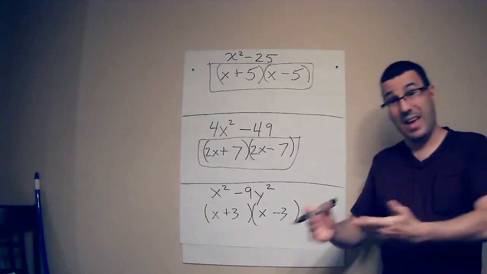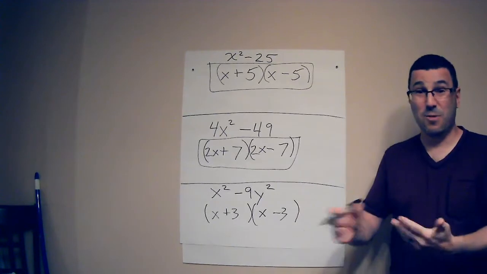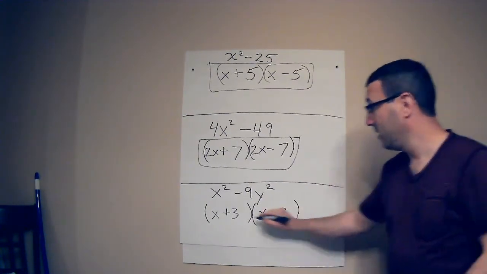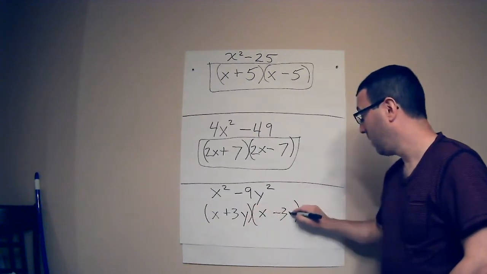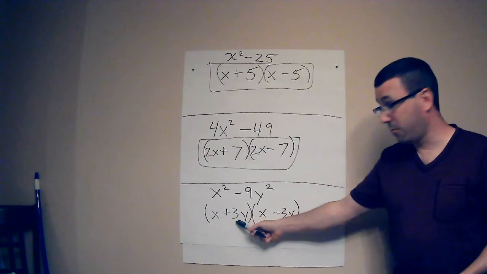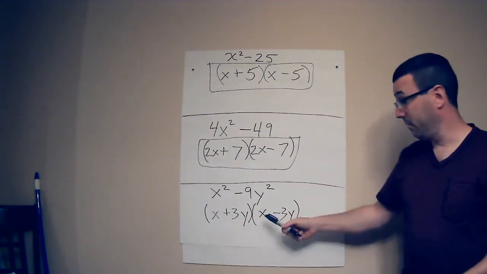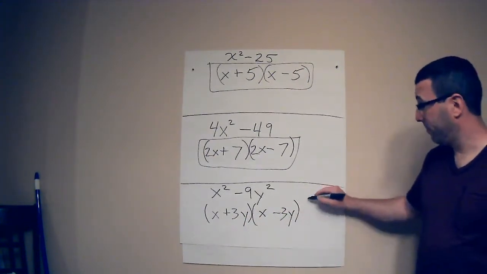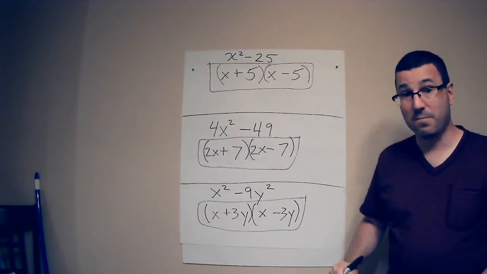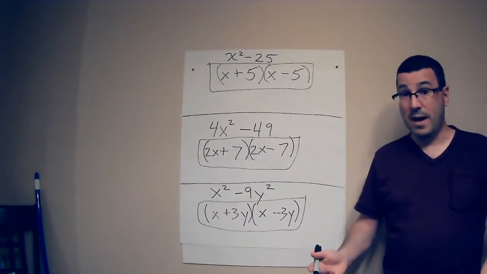Well, if the square root of x squared is x, then the square root of y squared is just y. So I get x plus 3y times x minus 3y. That's my answer. Not too bad.